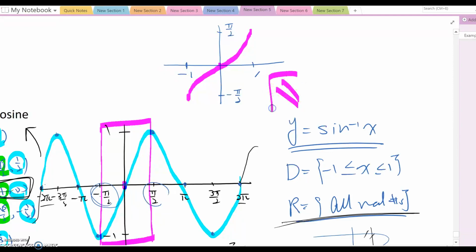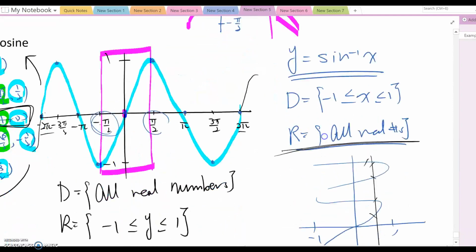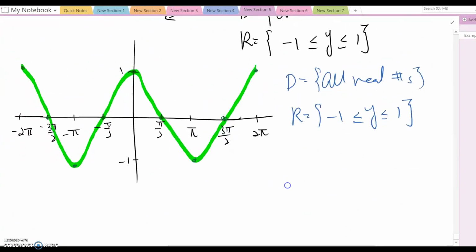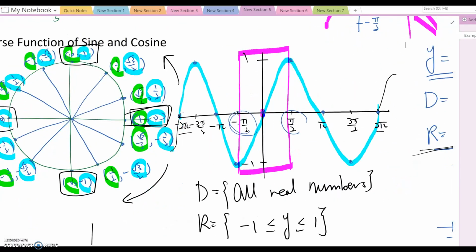Okay, now the cosine one. So I'm going to go down here again. In this case, of course, it may be better to choose the same interval as sine, which was negative pi over 2 and pi over 2, right?